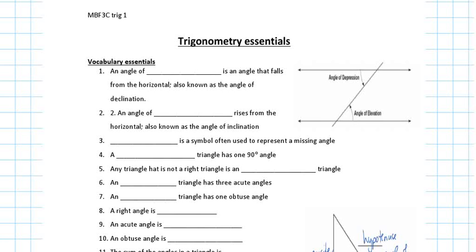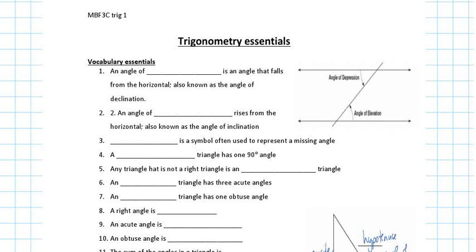What do you think that goes there? You can see it in the picture. So it's an angle of is an angle that falls from the horizontal. If it falls from the horizontal, that means it goes down from the horizontal. So this is your horizontal, and it falls from it. What do we call that? What do you see there?